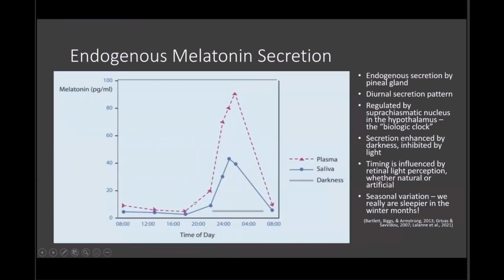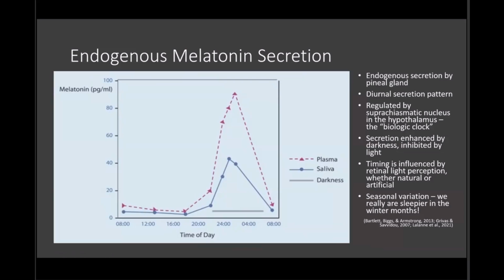You see that endogenous melatonin levels begin to rise. This is typically about 2 hours before sleep onset in normal humans. It's termed the dim light melatonin onset, and it's used as a marker of circadian rhythm, which will become relevant when we talk about timing of administration for exogenous melatonin a little bit later in the talk.